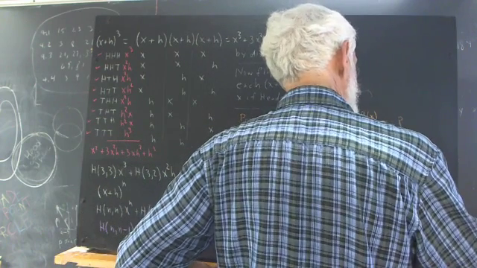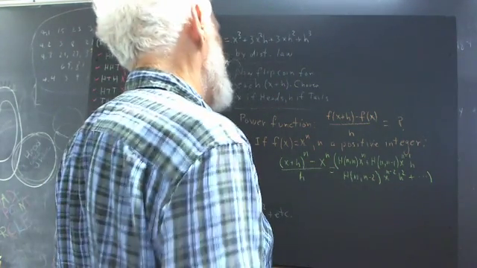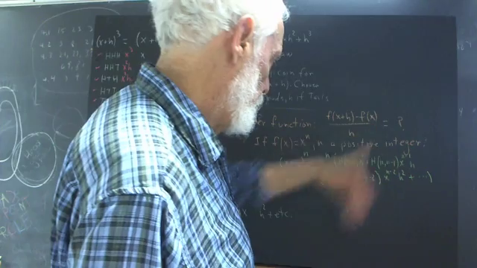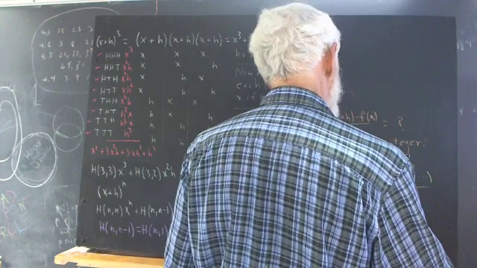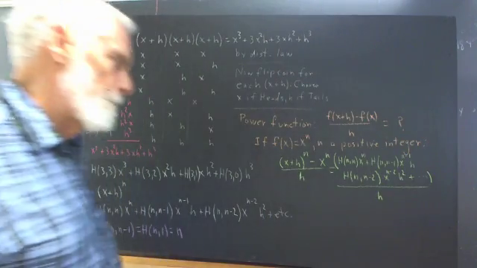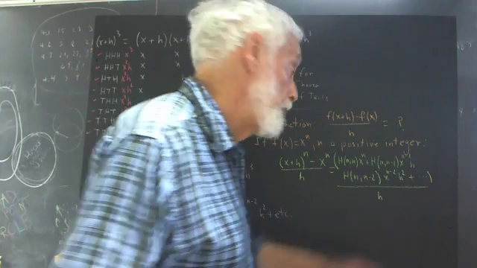We know that this ends when we get down to H(n, 0), and we'll have h to the n but no x's. And it's all this divided by h.